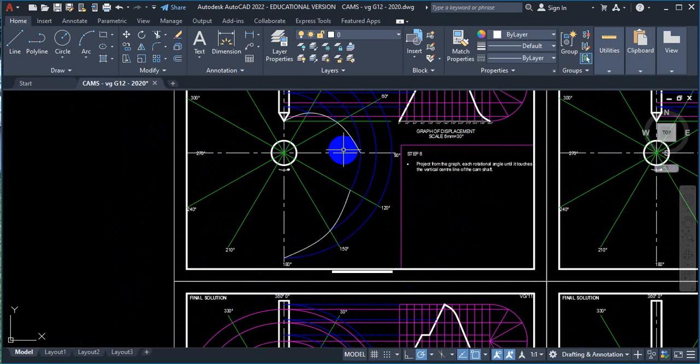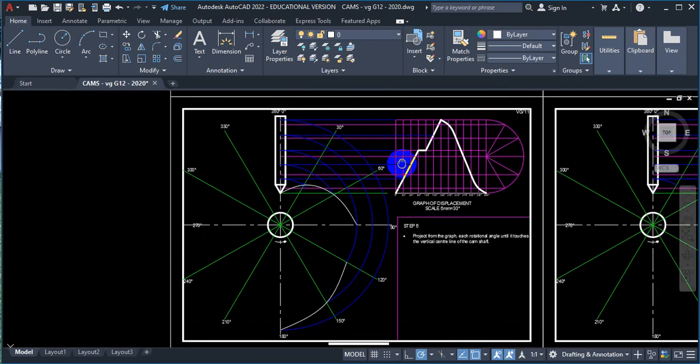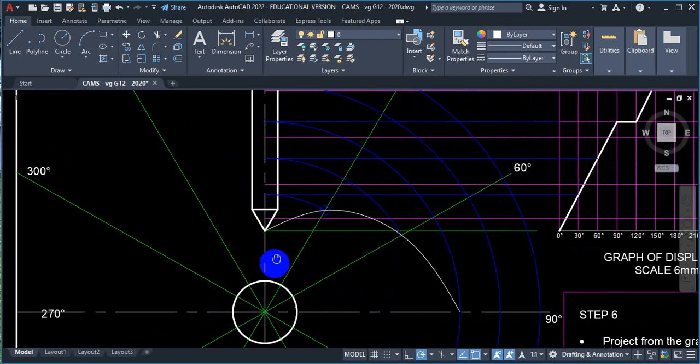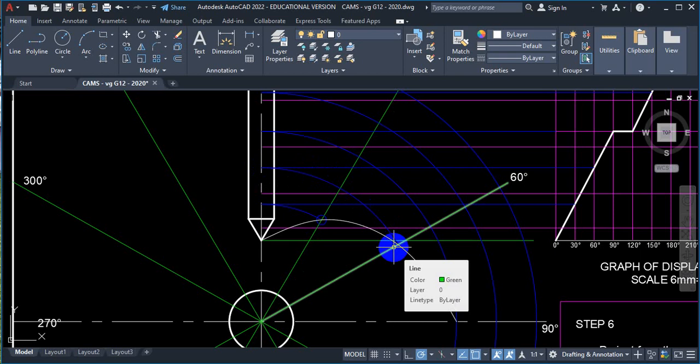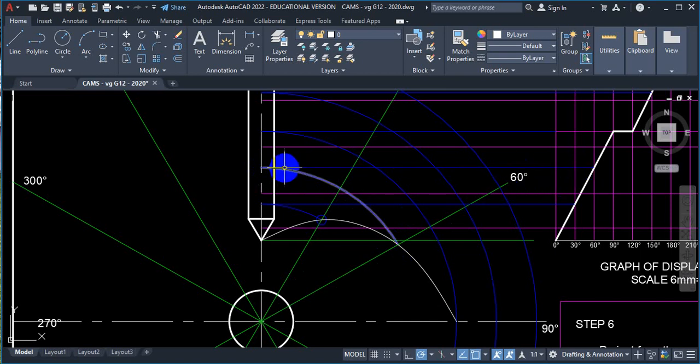All right, so now we need to bring these lines to the other side. Now that we know the method, we place our compass at the center of the camshaft, open it to the relevant division, then swing and scribe an arc on 60 because this was a 60-degree line.